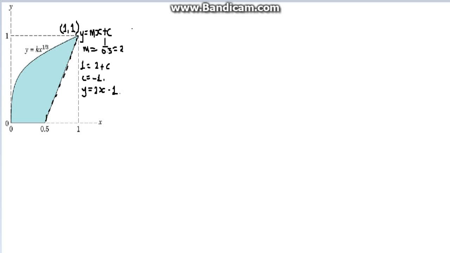Now that we have that equation, we want to find k, the constant here. We never want to leave the constants lying around like that, so we want to get rid of them. Substitute the (1,1) again, as it is the intersecting point here, the point given along the line. Any point given, you can find a constant in the equation.